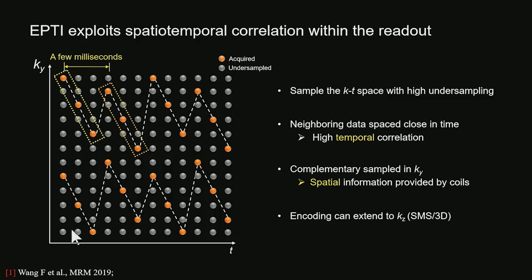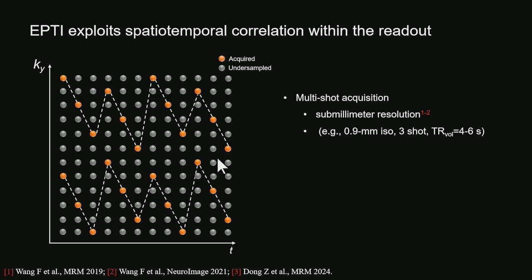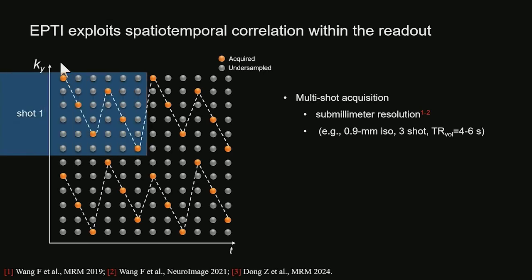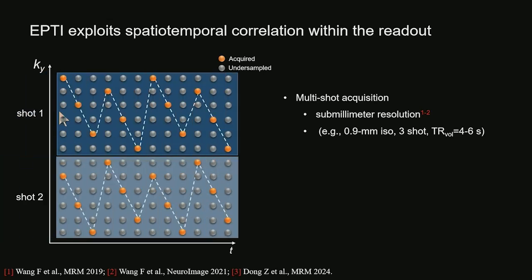The encoding can also be pretty flexible, extending from KY to other dimensions such as KZ, in the form of SMS or 3D imaging. This acquisition can be implemented in a multi-shot manner, where each shot acquires a small segment in the KYT space, which is suitable for higher resolution.